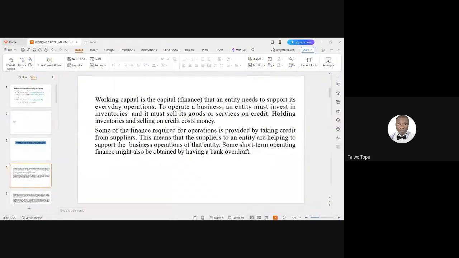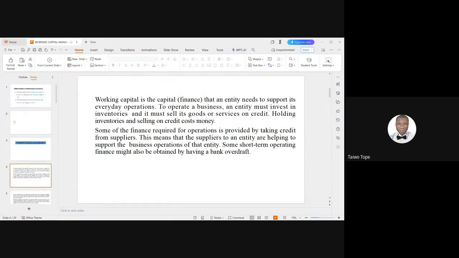So when we talk about working capital, it is a function of liquidity. That is why, when we were talking about the effect of inadequate working capital, somebody mentioned insolvency. So working capital is a function of liquidity.